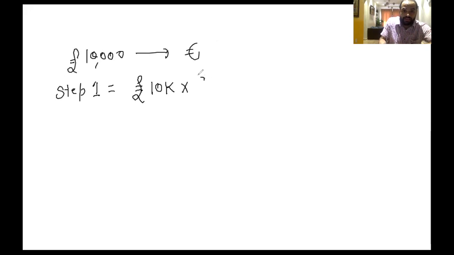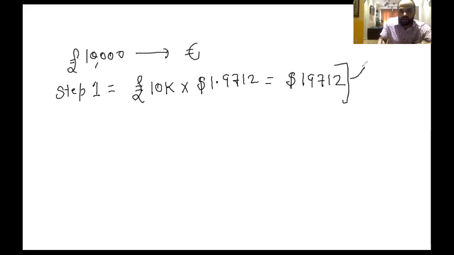So which is dollar 1.9712, I guess. Yes, 1.9712. So if you do that, you get your dollar position in 19,712.